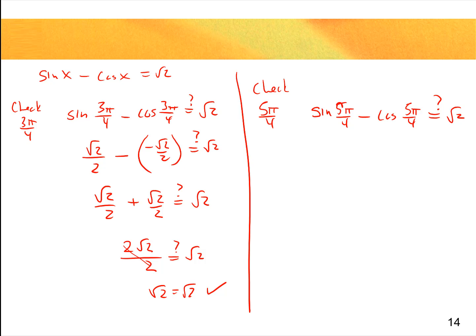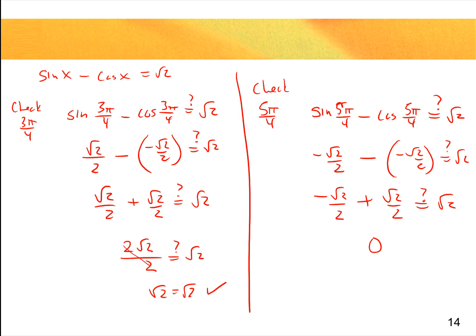Let's check it out. So 5 pi over 4 is in quadrant 3. This is a negative radical 2 over 2 minus cosine, which is negative radical 2 over 2, and that's a no-go. That does not work out.